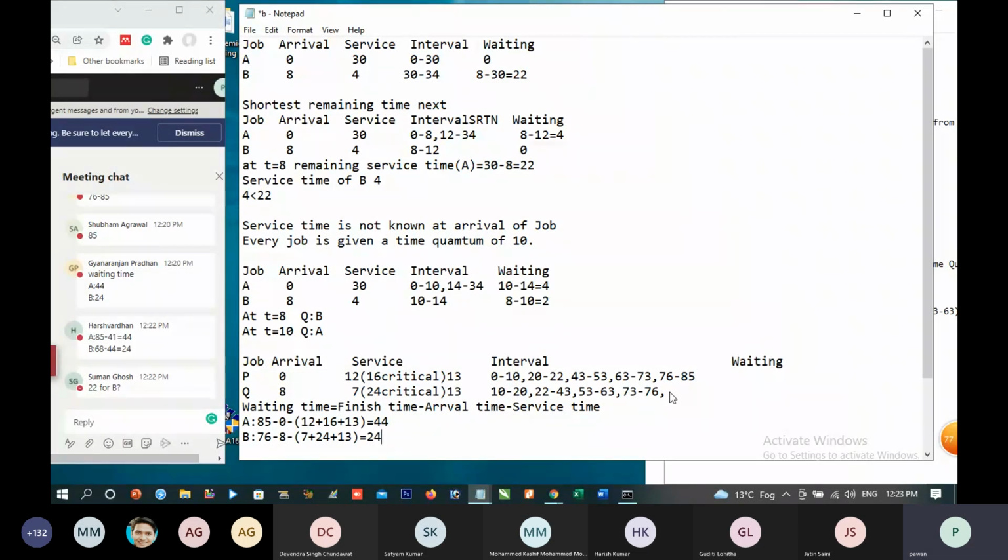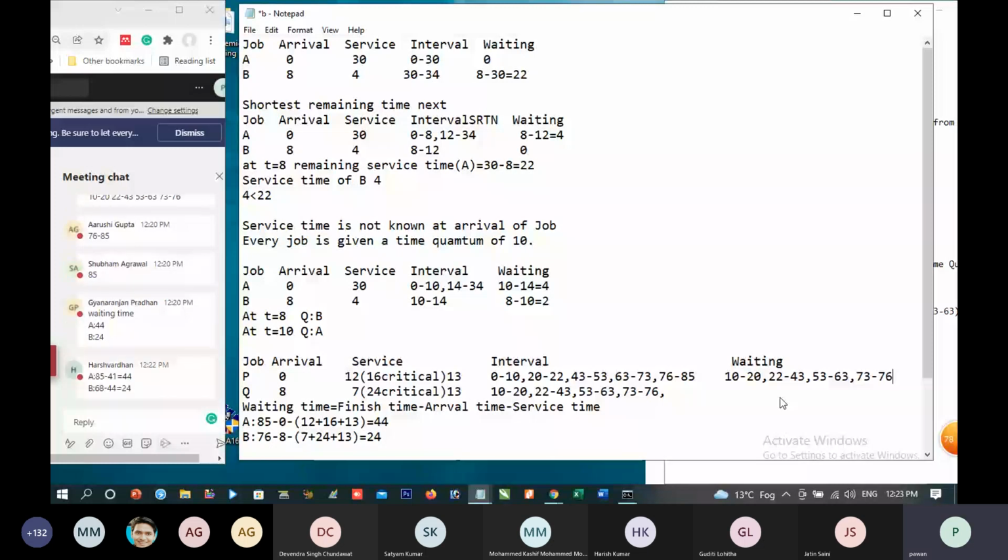Suppose you are writing 22 for B. Why? That is correct. Let us see this. When was P waiting? P was waiting from 10 to 20. Then 22 to 43. Then 53 to 63. And 73 to 76. So this is 10 plus 21, 31, 41 plus 3, so total is 44.